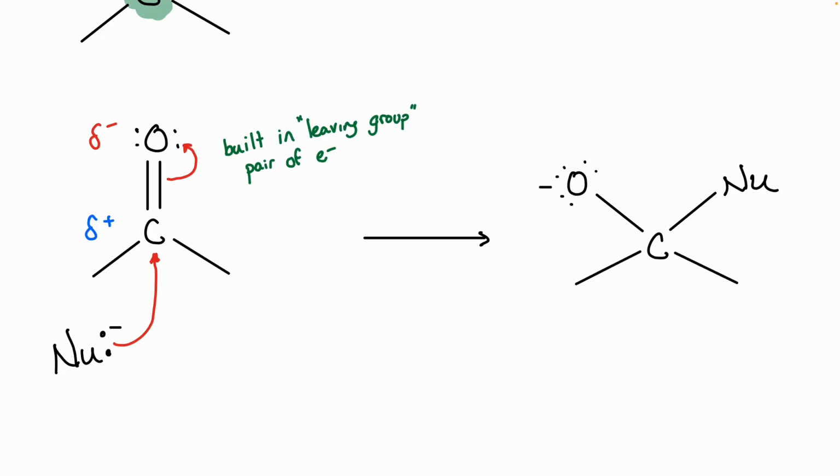All right, and then the last category, which we will see every once in a while, but we're going to put it down here for completeness. Our last category of electrophiles are our halogens. By that I mean those diatomic halogens.